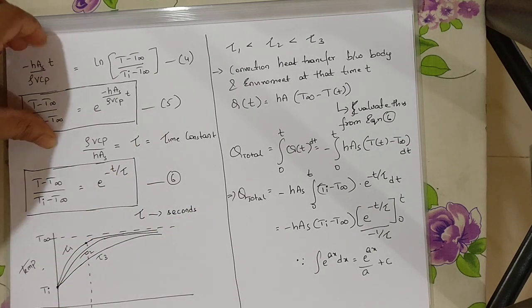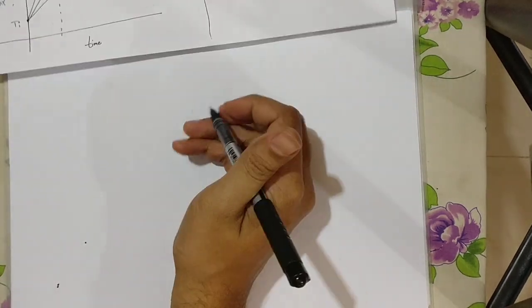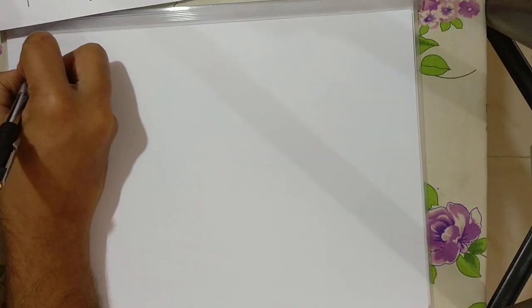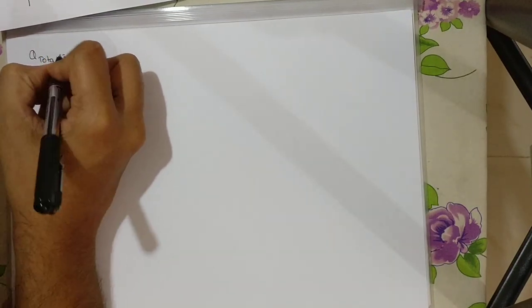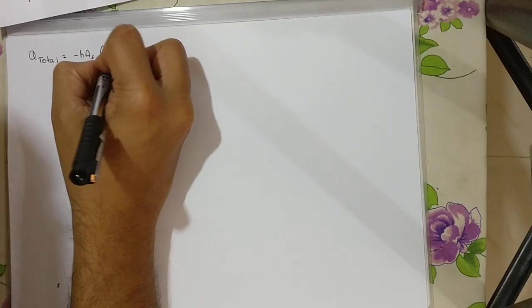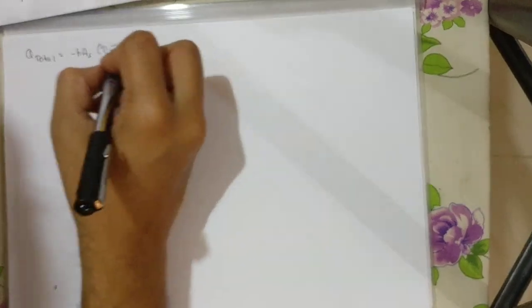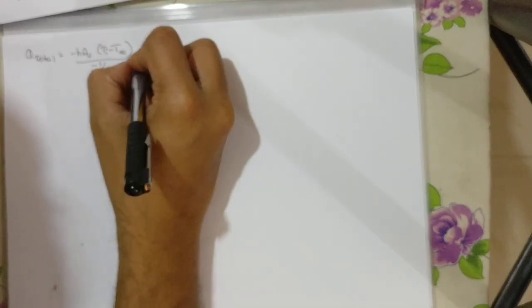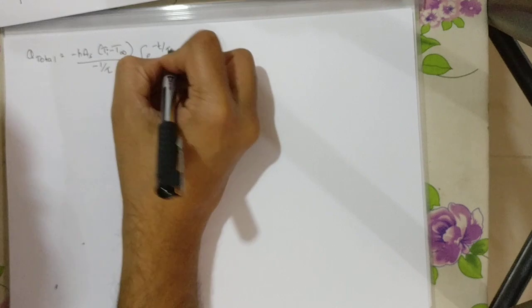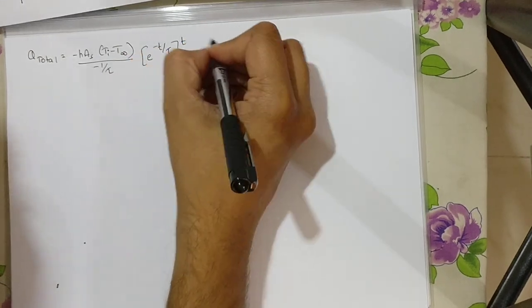Now let us bring it. So what was the last equation which we got? Q total is equal to minus hAs (Ti minus T infinity) divided by minus 1 by tau, e power minus t by tau, from 0 to t.